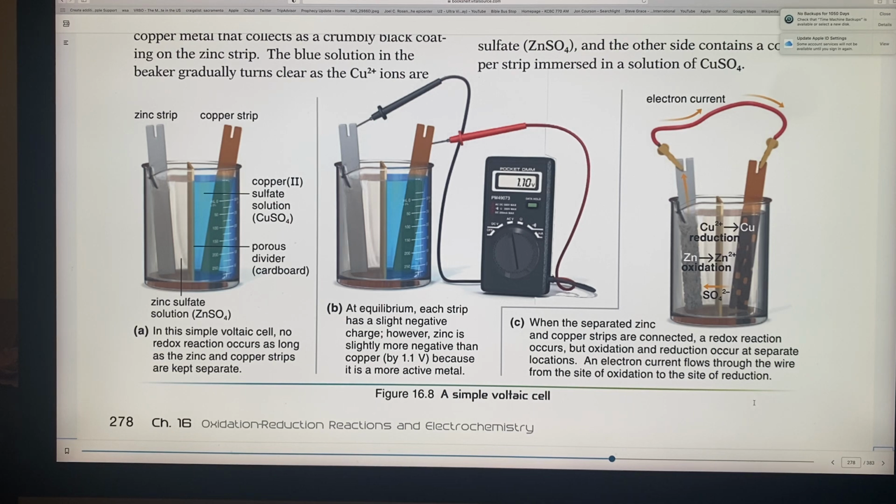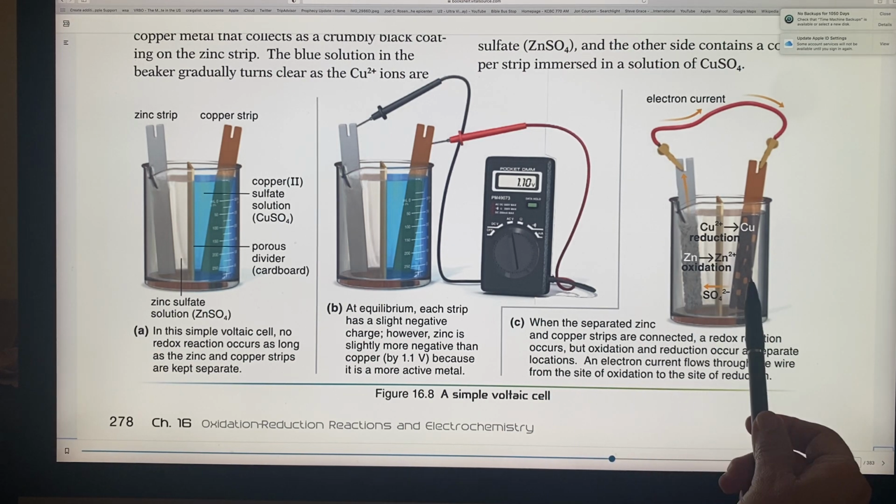So the electric current flows through the wire from the side of oxidation to the side of reduction on this side. That is our battery. The sulfate is diffused from right to left to keep the charges on both sides balanced.